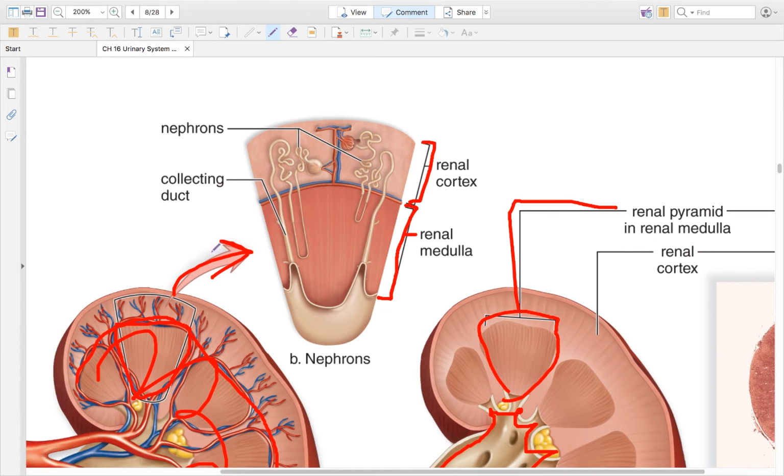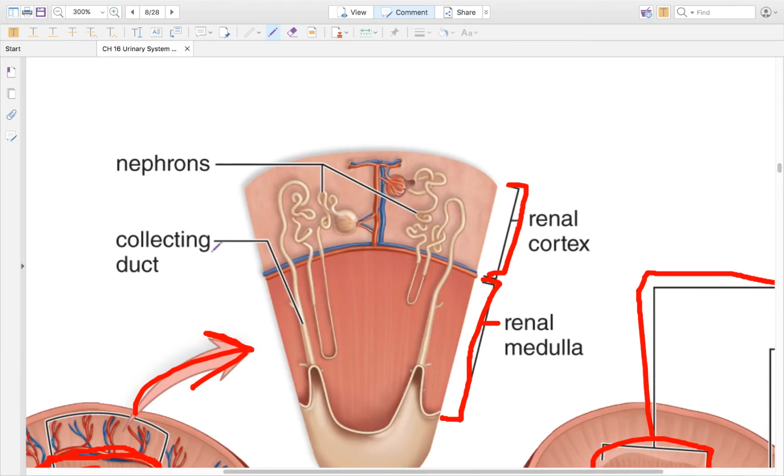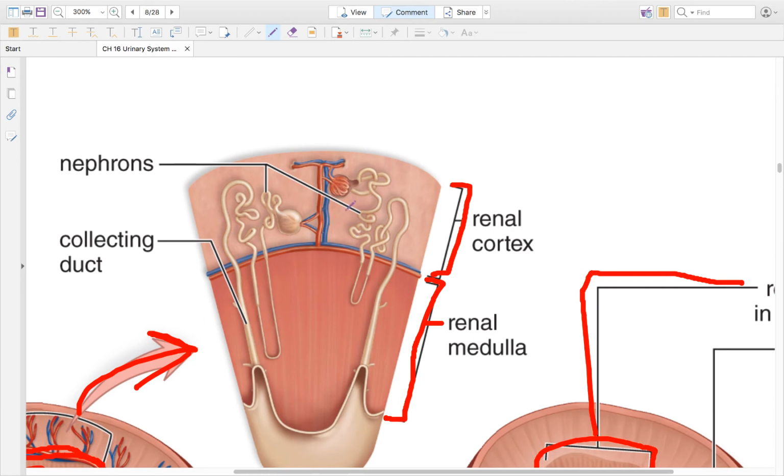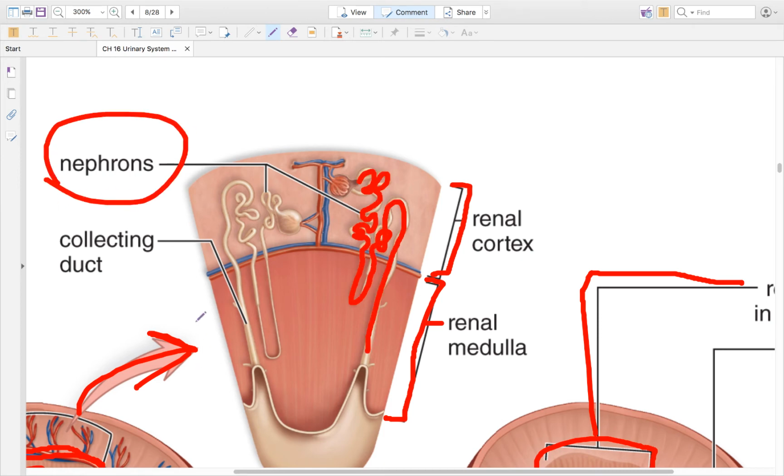Now, this is an important structure that we're going to spend a lot of time focusing on. See this tubule, this bendy, weird looking structure, and watch how it starts in the renal cortex and dips down into the renal medulla, and it comes back around. This is called a nephron.